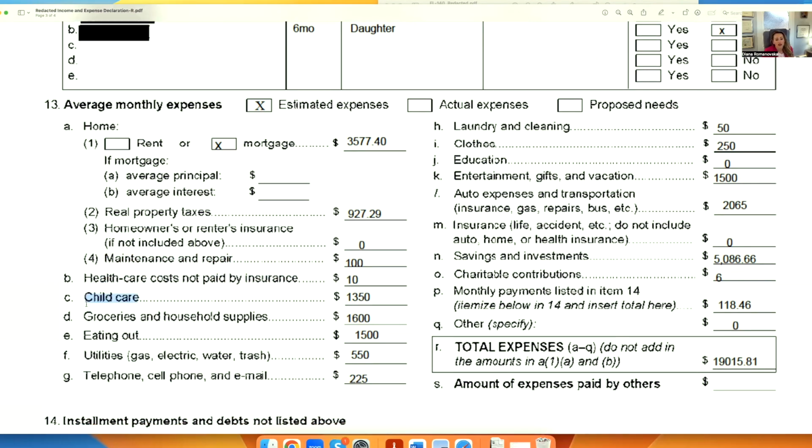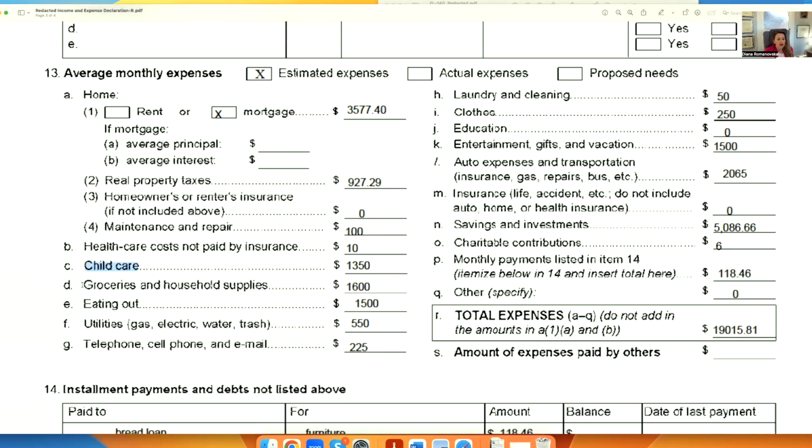Childcare would be daycare, babysitters, groceries and household, eating out, utilities, gas, electric, water, telephone, laundry, clothes, education, entertainment, other expenses, insurance, gas, repair, and bus fare, etc. That seems like a lot.